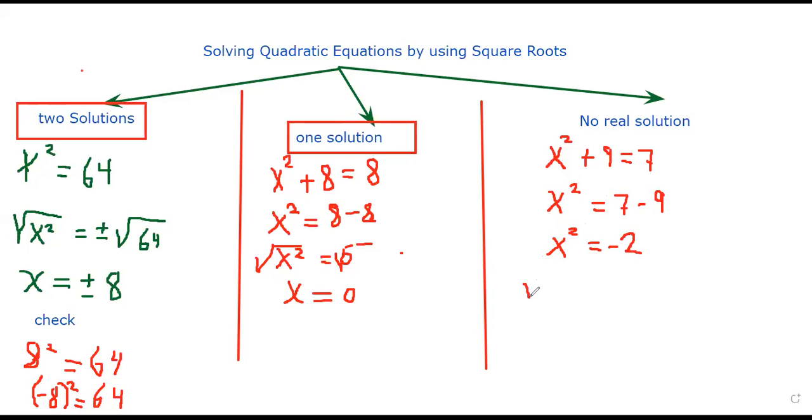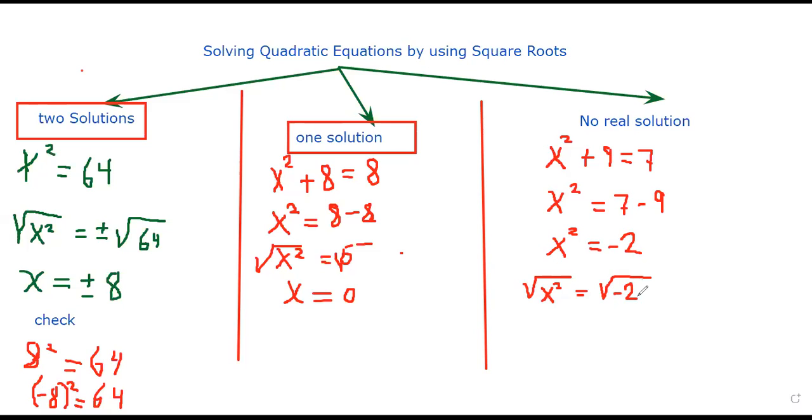Now we will find the square root of x to the power of 2 equals the square root of -2. If you try to find the square root of -2, you need two numbers that, when multiplied together, give -2.